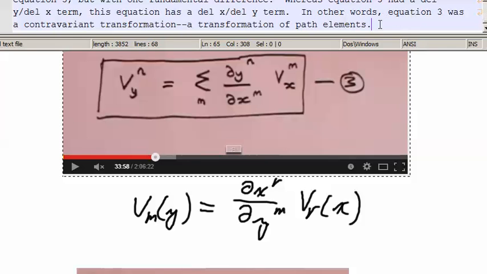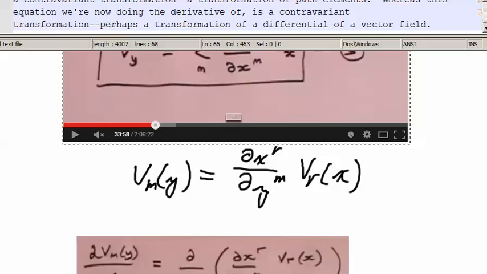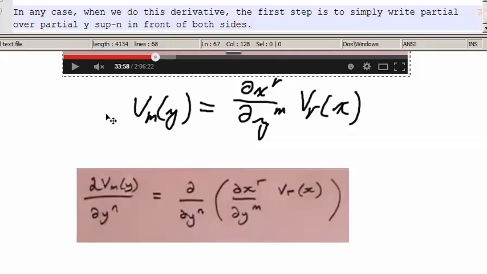In other words, equation 3 was a contravariant transformation, for instance, maybe a transformation of path elements, whereas this equation that we're now doing a derivative of is a covariant transformation, perhaps the transformation of a differential of a vector field. In any case, when we do this derivative, the first step is to simply write partial over partial y superscript n in front of both sides.